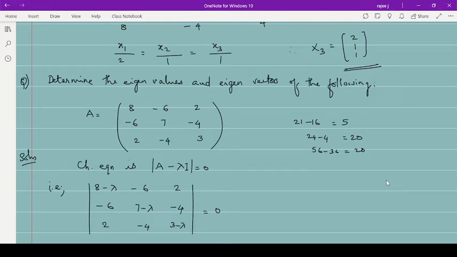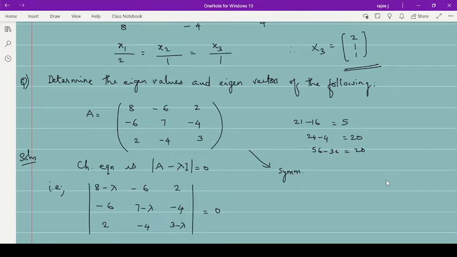Look at the row and the column. Are they the same? First row, first column; second row, second column; third row, third column. They are the same. This is a symmetric matrix. If you take the transpose, you will get the same thing.